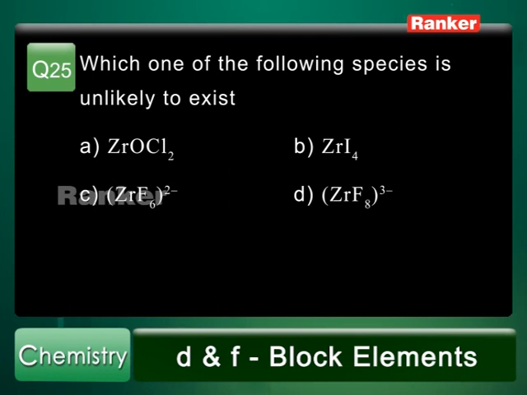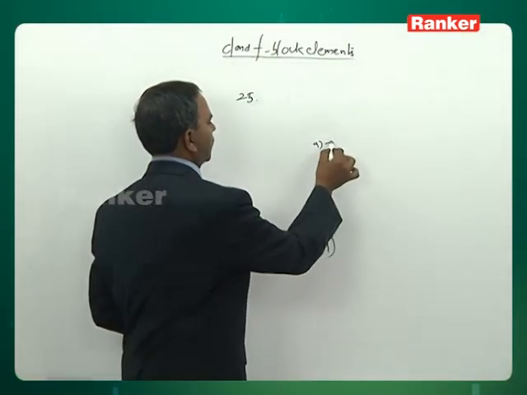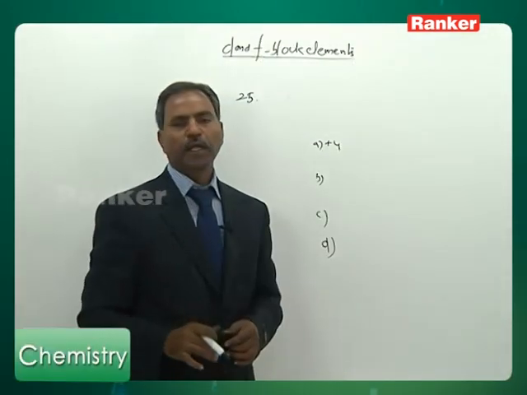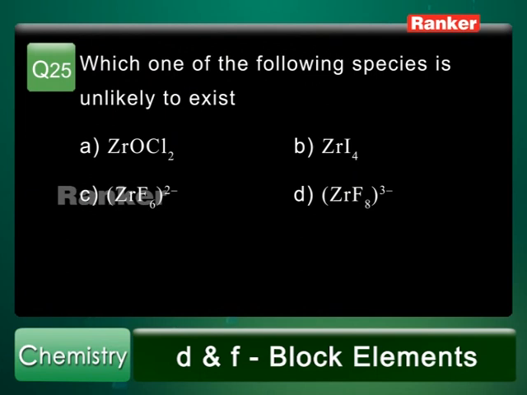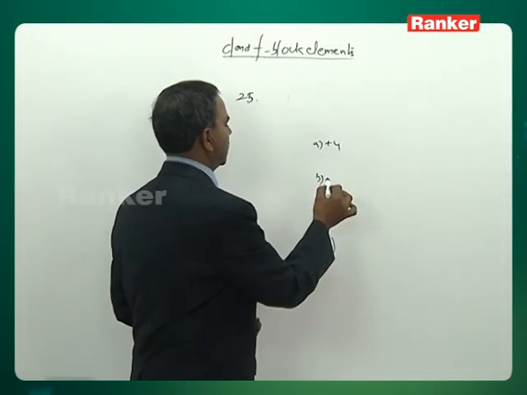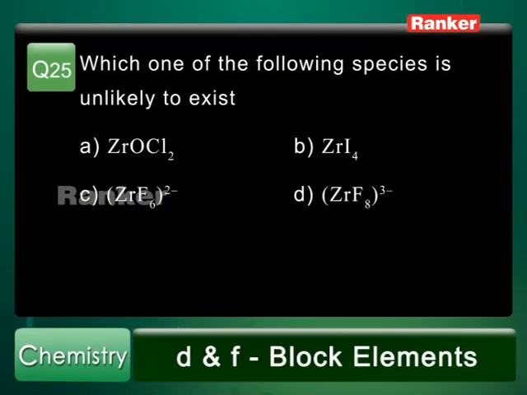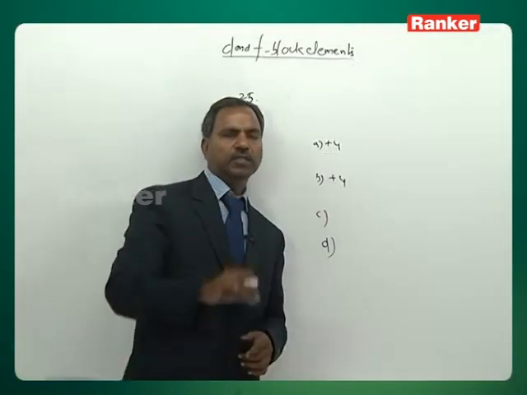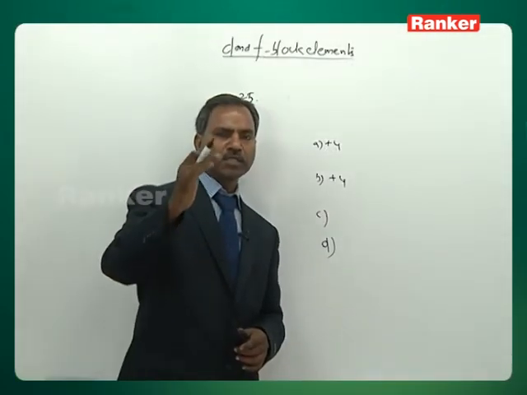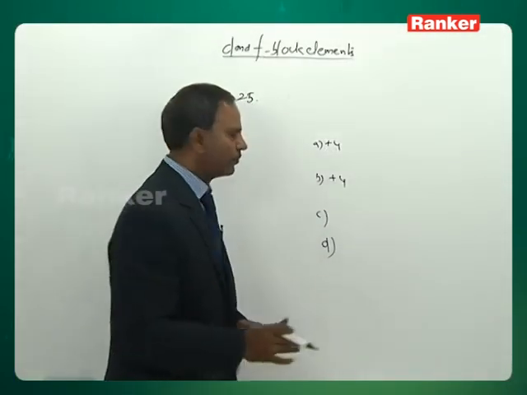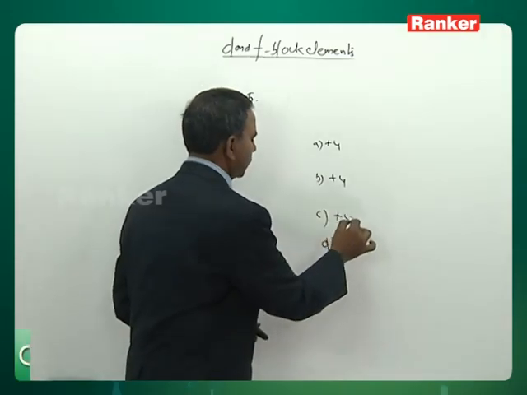Option A, ZrOCl2: O is -2, and 2 chlorides give -2, so it is +4, existing. Coming to B, ZrI4, 4 iodide ions, so again +4. Option C, ZrF6 2-: inside the bracket are 6 negative charges, 2 charges are over the complex, so again +4.